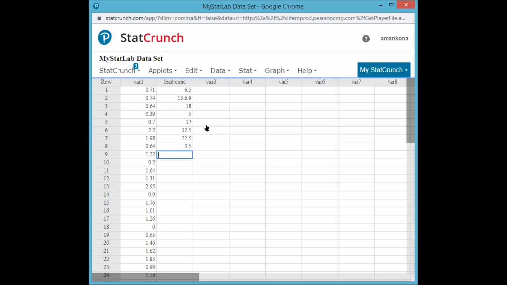Let's see if I got everything there. I got a double here, that's 13. I have 18 and everything, so I'm missing the 6. I'm adding that.